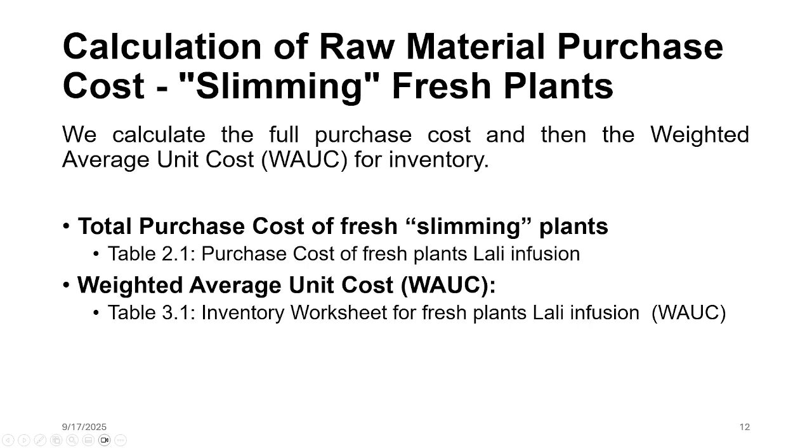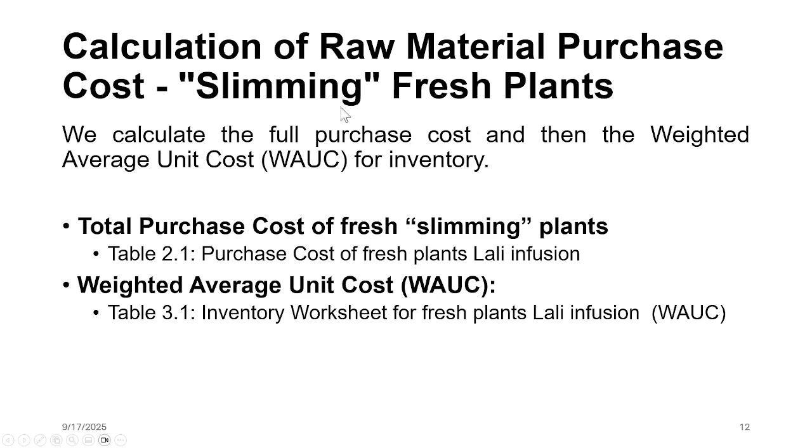In order to calculate the raw material purchase, we divide it in 2 because we have 2 types of product. So we need to calculate the cost of the raw material for each product. Now we focus on the first product, for slimming, the Lali product, right?